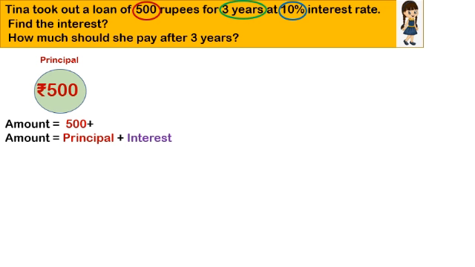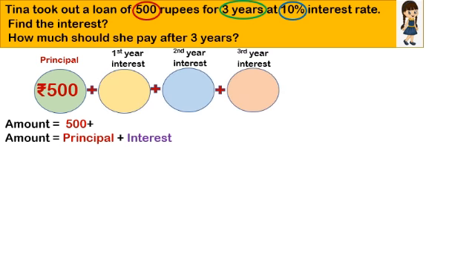And we have to find the interest on 3 years. Then what will be the interest in the first year? The interest on 500 rupees for the first year will be 500 into 10 by 100. That will be 50 rupees. So at the end of the first year, Tina will have to pay 500 plus 50. That is 550 rupees.